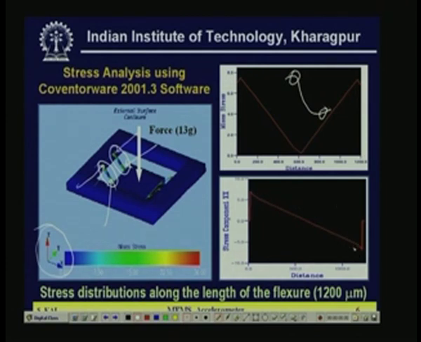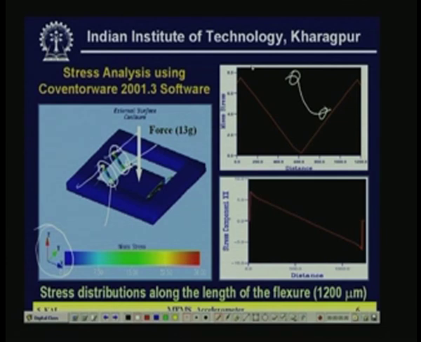One is positive or negative, but if you plot the magnitude, then it is the Mises stress, with flexure distance. The flexure dimension here is 0 and this point is 1200 micrometer. So, this scale is 0 to 1200 micron. Now, we found this maximum point is not at 0, but very close to that, nearly 70 or 75 micron.